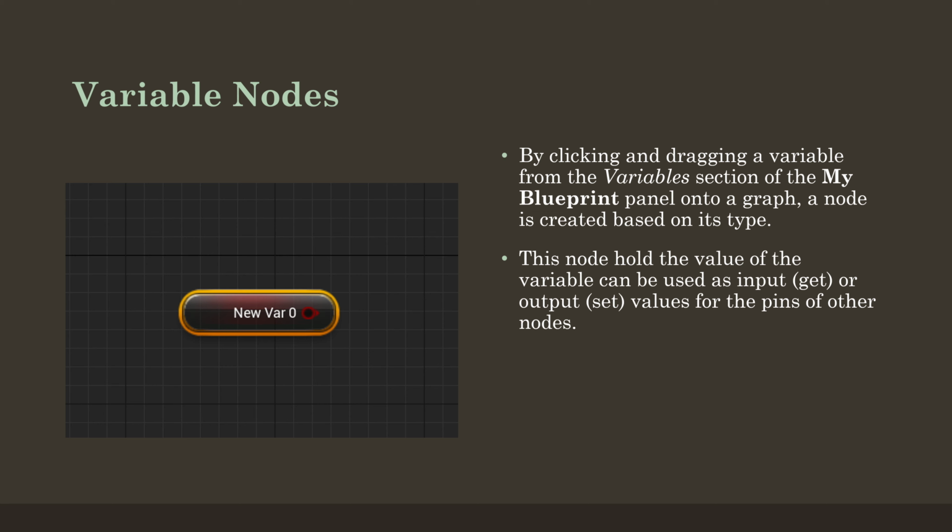So it's just a public value. If it's not Instance Editable, it is private to that blueprint. The variable can be used, it just can't be accessed anywhere else. Finally, we can use the variable by clicking and dragging it out of the variable section and onto a graph, which allows us to create a node and use that value. Having said all this, let's move over to Unreal to see these concepts in action.